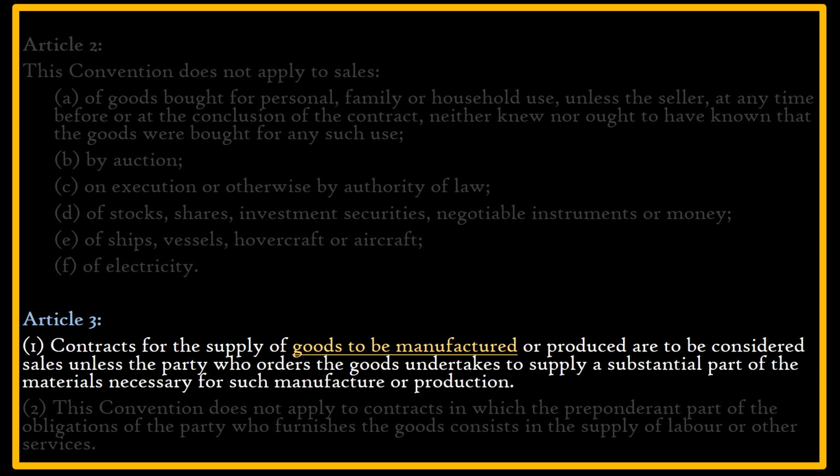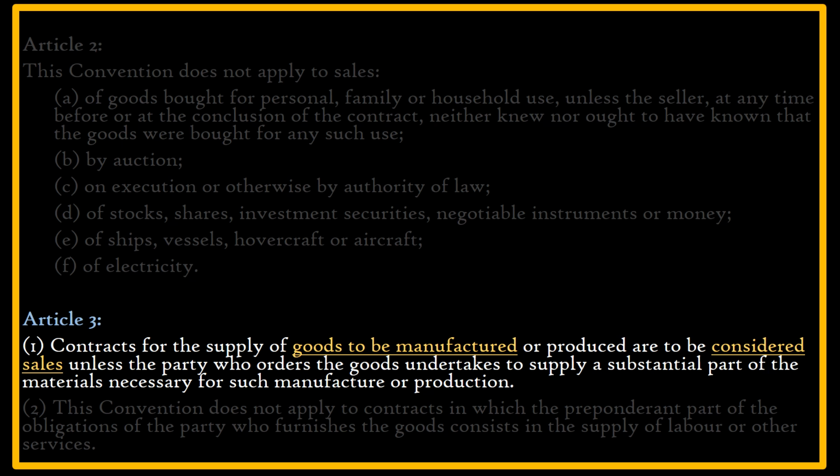This talks about goods to be manufactured. Well, let's think back to the UCC. Will the UCC apply to a contract for goods that are to be manufactured? And we said yes. Even though this looks like it has a service aspect to it, the manufacture of goods, it is governed by the UCC. This is considered a sale of goods. Right?